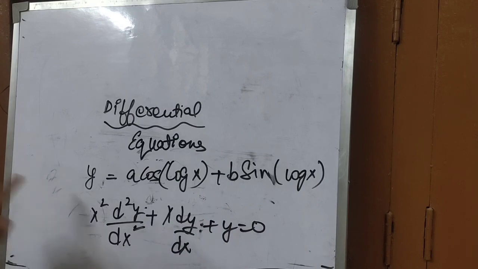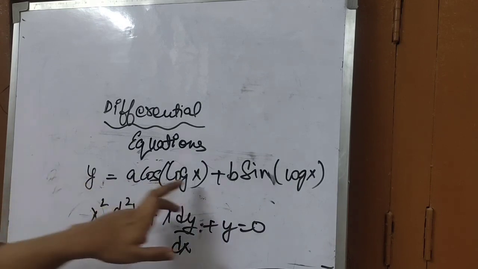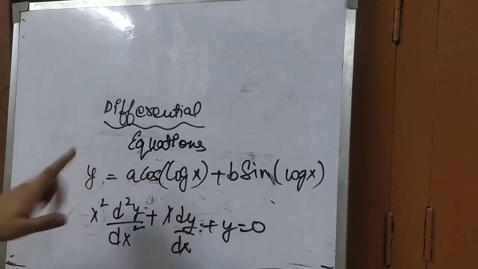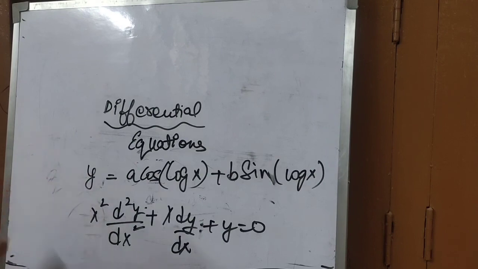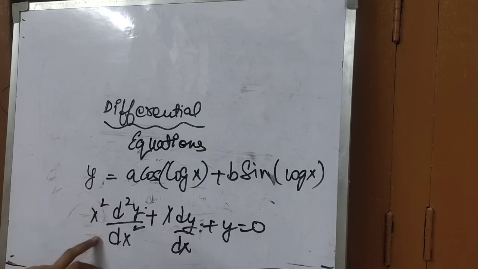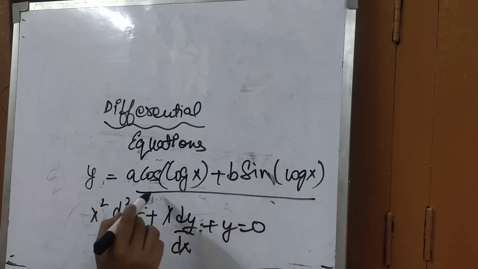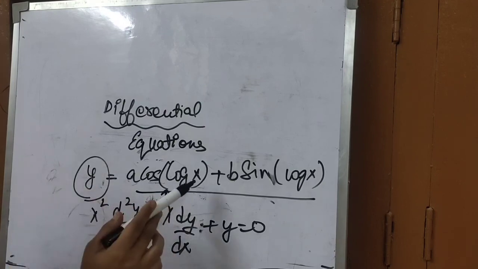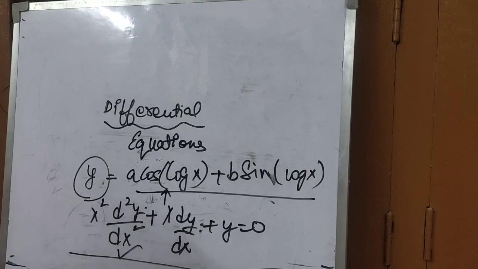So first you will differentiate this once, then you will receive some equation, and then you will differentiate it again. At last you will not put your equation here, you will rearrange this equation and make it according to this, and definitely you will have an equation of this form at the last. So you will put it equal to y, and then you will receive this type of equation at the end.